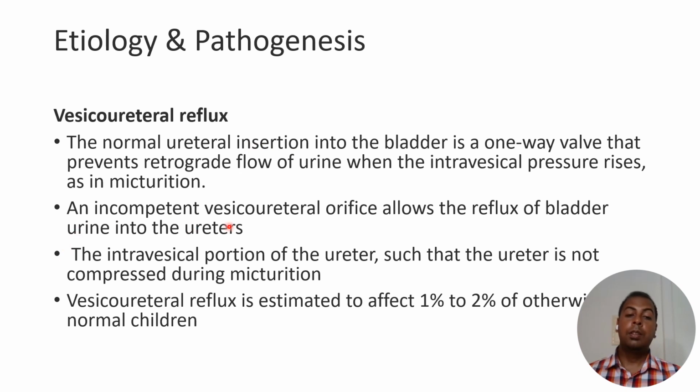An incompetent vesico-ureteral orifice allows the reflux of bladder urine into the ureters. So in vesico-ureteral reflux, the intravesical portion of the ureter is short, such that the ureter is not compressed during micturition, which allows for the reflux of urine back into the ureters. This condition is estimated to affect 1 to 2% of otherwise normal children.